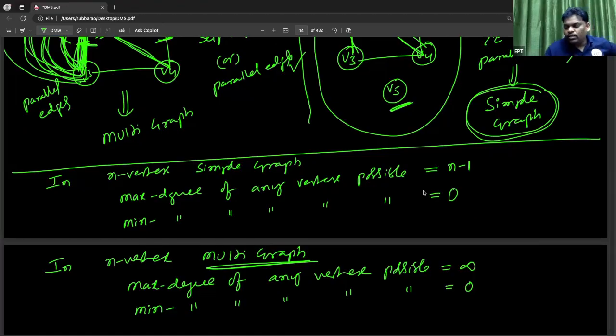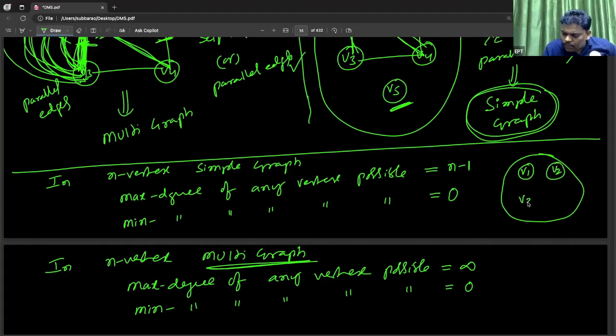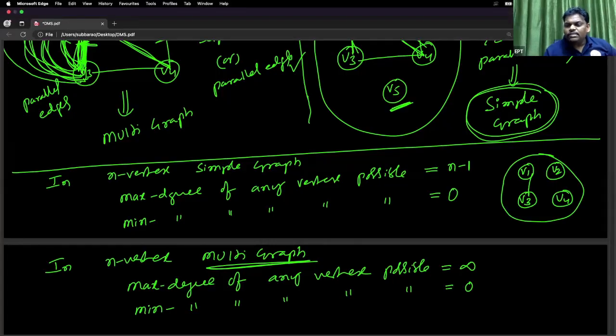Now come here. One more thing. Please listen, everyone. V1, V2, V3, V4. Can you help me?